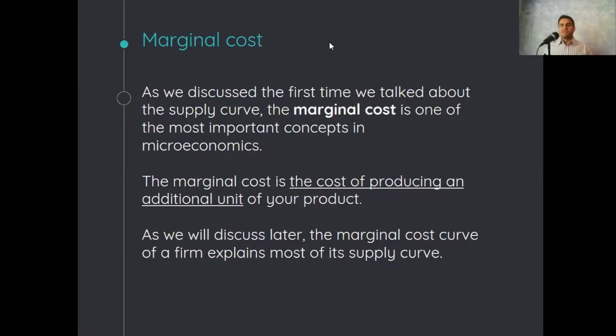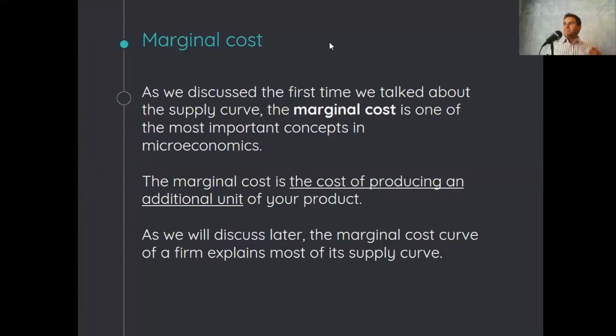That's essentially the idea behind the marginal cost.